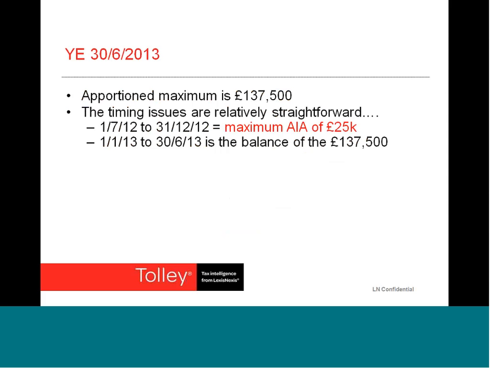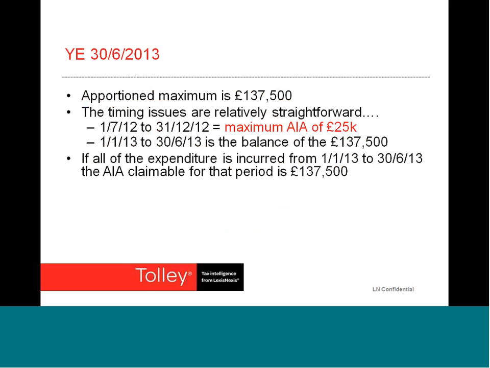The timing issues basically are in that first 6 month period of that 137,500, the maximum expenditure on which I can claim an AIA is going to be £25,000. The balance of the AIA, well, that can be relieved against expenditure in the latter 6 months for this accounting period. If all of my expenditure was in the last 6 months, then I can claim 137,500.